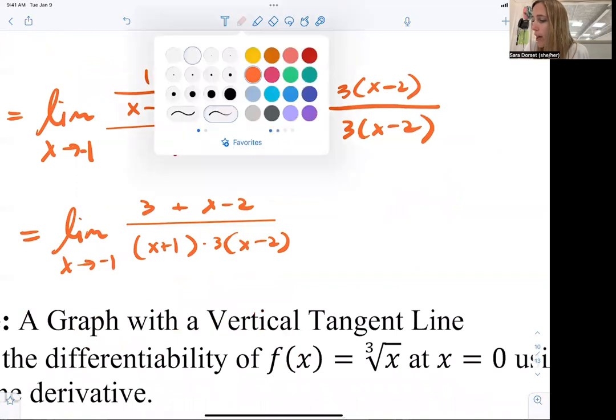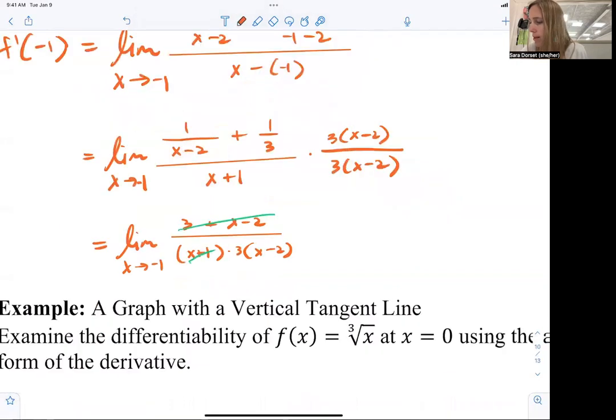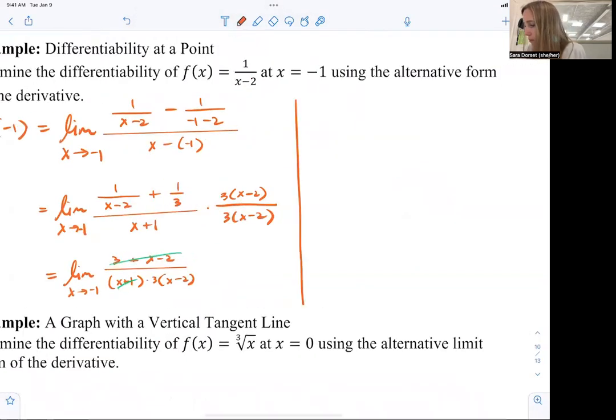And then that numerator would cancel with the x plus 1. Drawing a line to continue my work. So I'm taking the limit as x approaches -1 of 1 over 3 times x minus 2. And when I use direct substitution, that gives me -1/9.